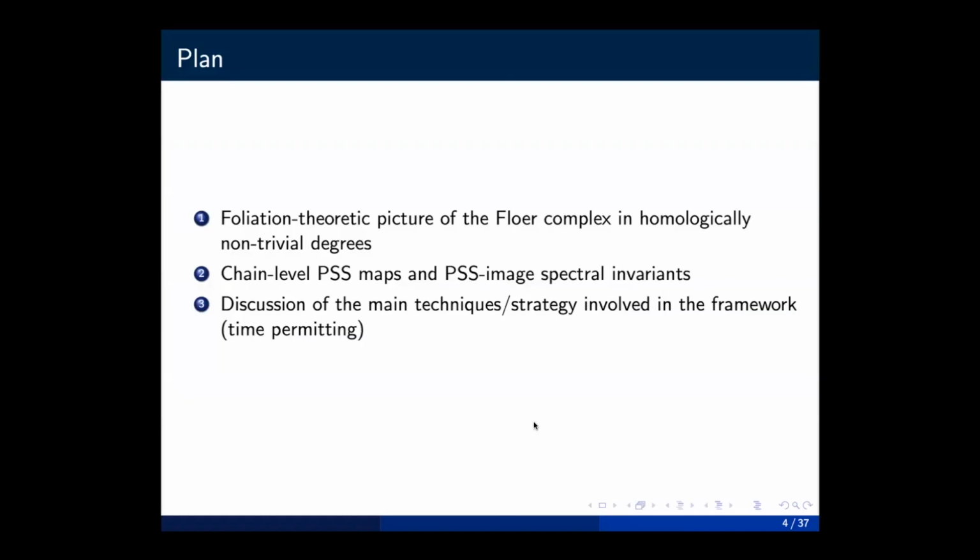Then some other results about measuring a certain kind of spectral invariant. That comes about by characterizing certain fundamental classes that can be probed by PSS-type maps. And then if we have time, I'll talk about some of the strategies involved in proving these things.